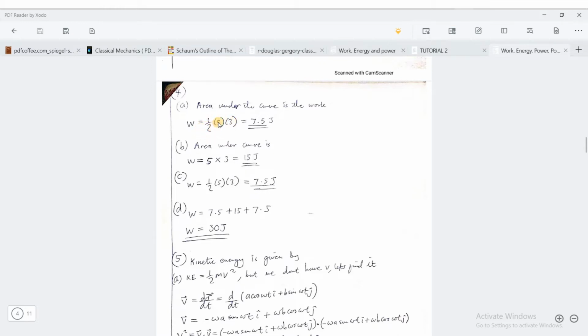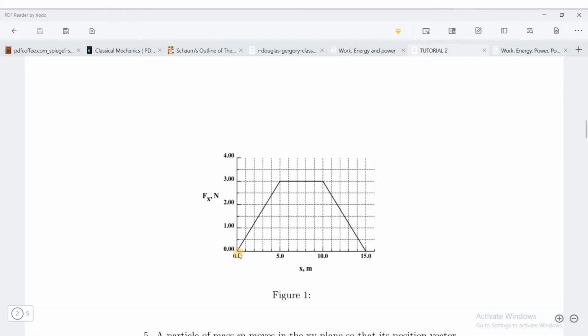The base is 5, the height is 3. According to this diagram, the base is just from 0 to 5, and the height is from 0 to 3. So that is how we find the work if you've been given a force displacement diagram.